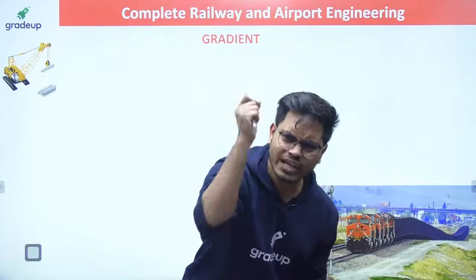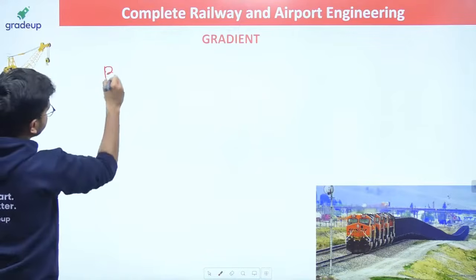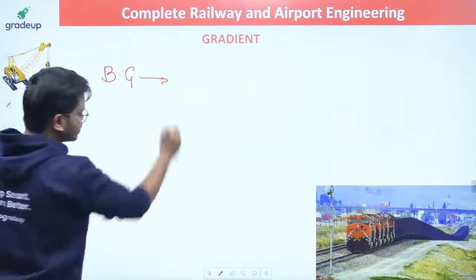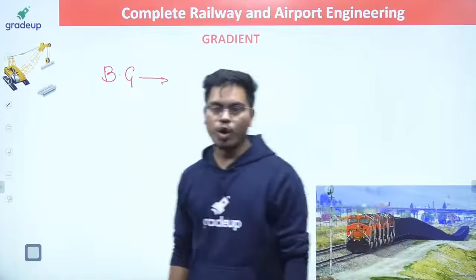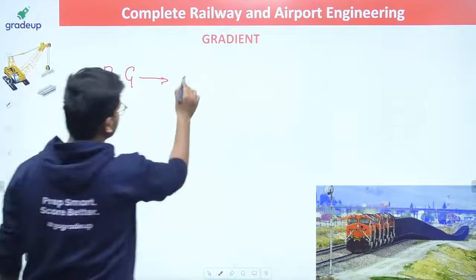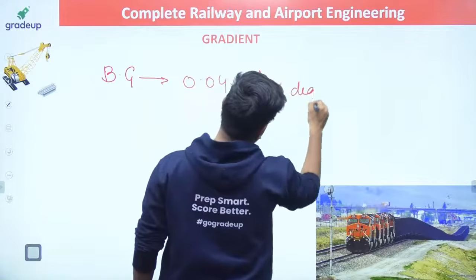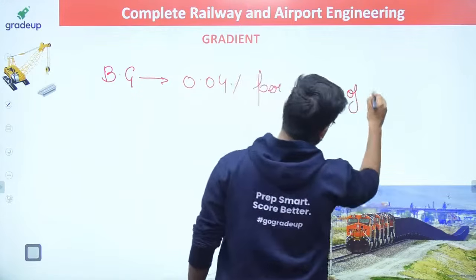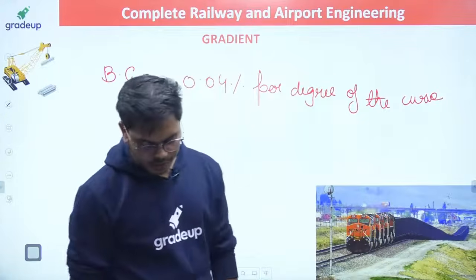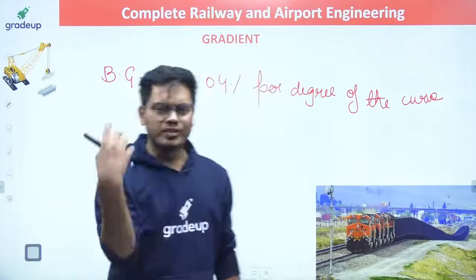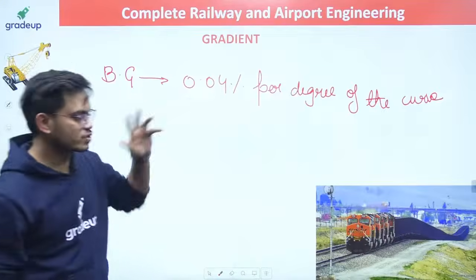It is very important that the grade compensation for broad gauge is 0.04% per degree of the curve, or 70 by R, whichever is minimum. So maximum case, in the most of the cases, minimum value is this only, right?